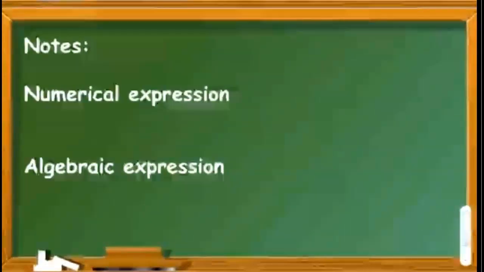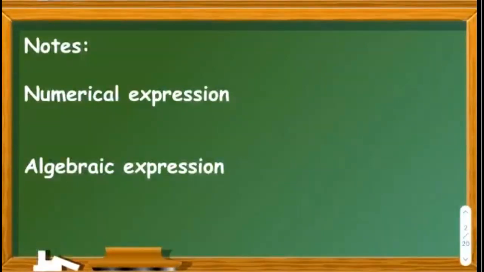Okay, so hopefully you have got the topic down for today, and we're going to start off with 2 vocabulary words, and they are the difference between numerical and algebraic expressions. And so when we talk about a numerical expression is an expression that contains numbers only.